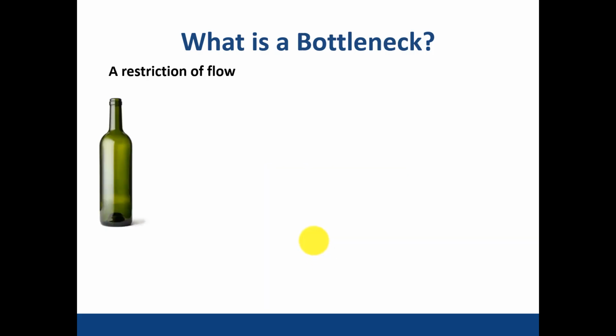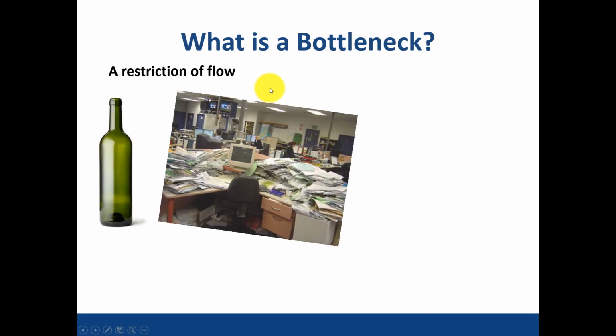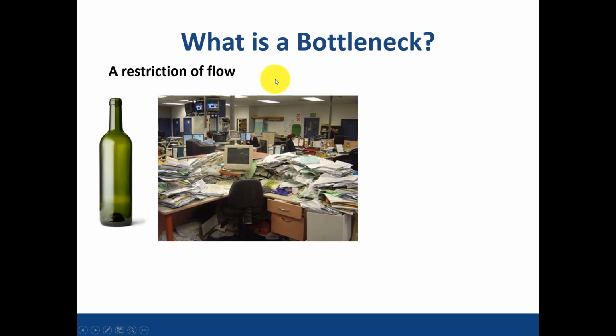So, a bottleneck is any restriction of flow. As you can see in this bottle, it restricts the flow, and it can come in different forms in any process. For example, picture an office in which information is flowing in the form of papers or documents to be processed. And here, clearly, you notice something strange, and that is this accumulation of papers. This is inventory, right?